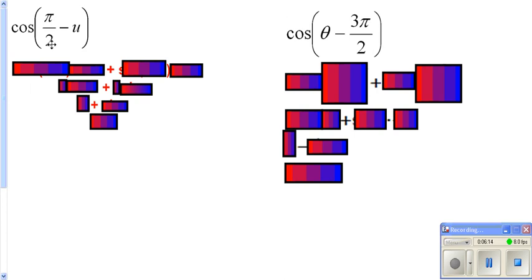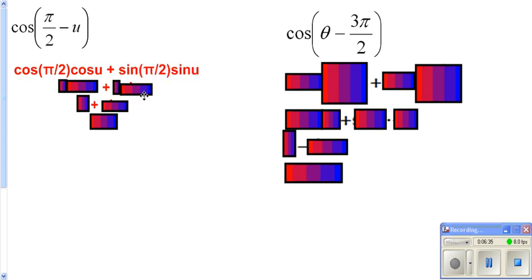Well, we can go ahead and use our formulas also for this one here. Yes, we don't know what u is, but we do have the cosine of two angles being subtracted. So we'll do cosine of the first angle, cosine of the second angle, minus sine of the first angle, sine of the second angle. Now, cosine of pi over 2, that's 0.